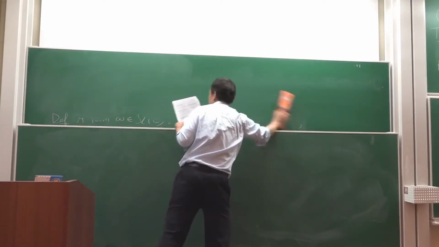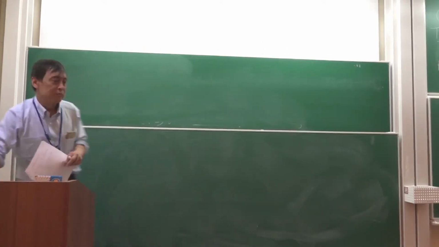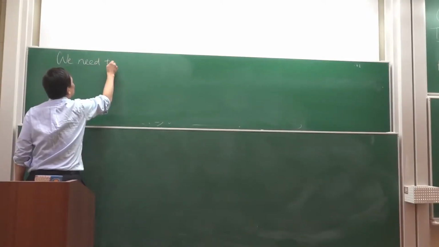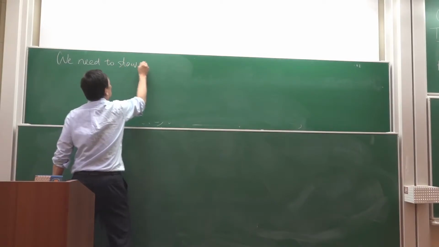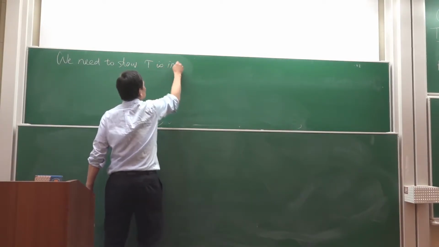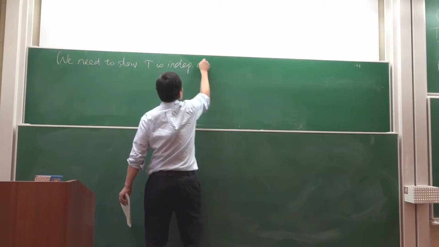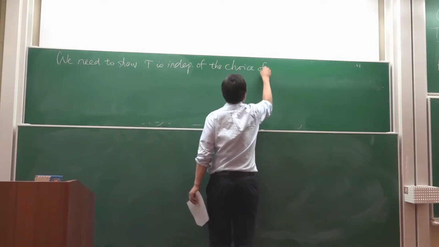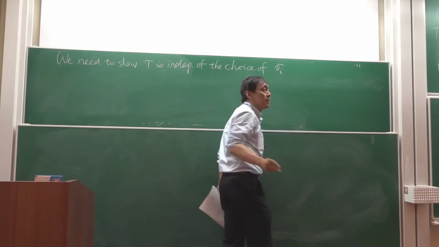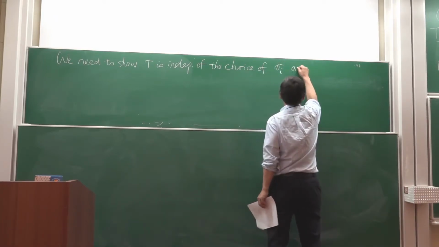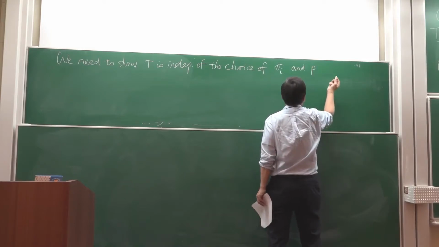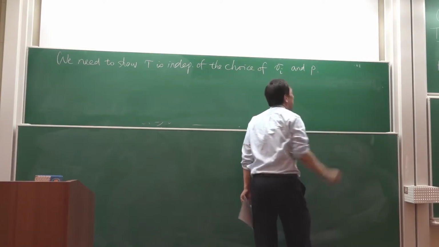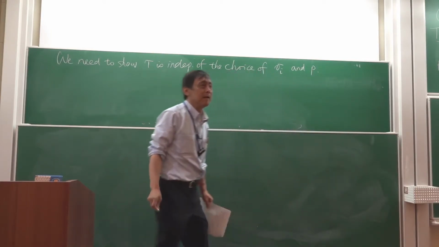So, yeah, we need to show two things. We need to show that tau is independent of the choice of the V_i and P. Okay?